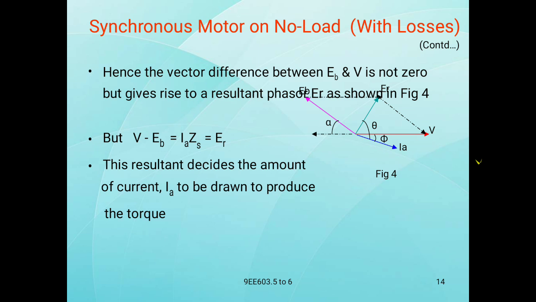That is V minus EB, equal to IA ZS, which is called ER. This resultant decides the amount of current IA to be drawn to produce the torque.